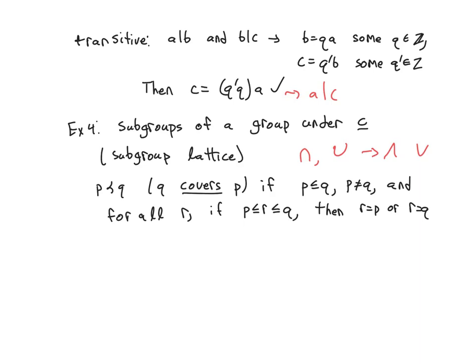Finally, some notation. We're going to write P, this is a curly angle Q, and say Q covers P whenever P is less than or equal to Q. This is all occurring, by the way, in some partial order.